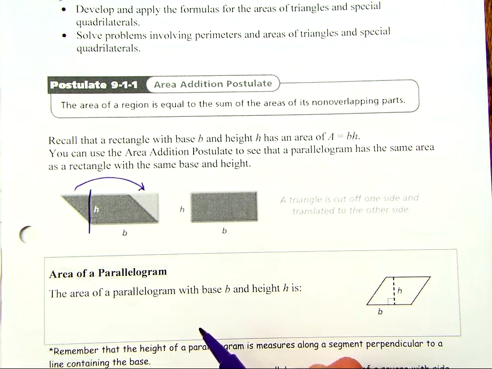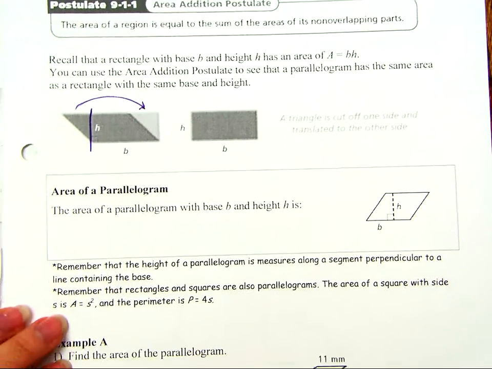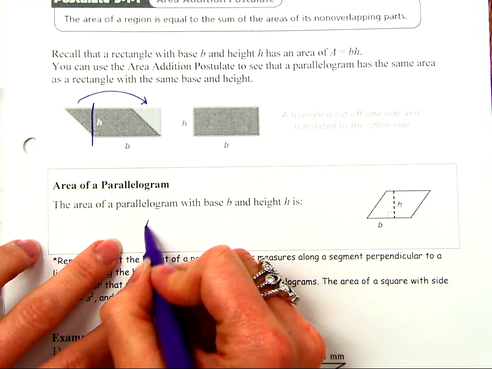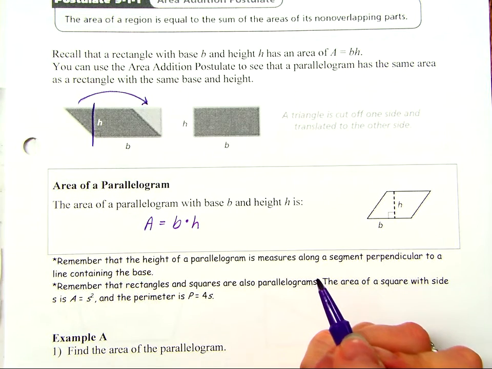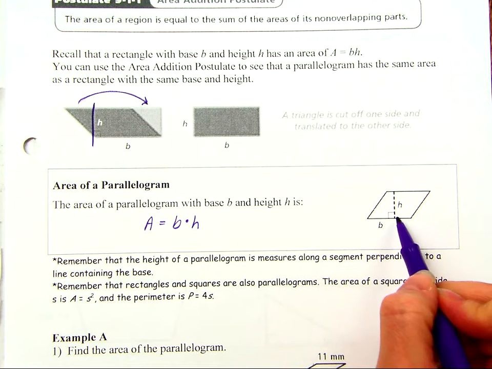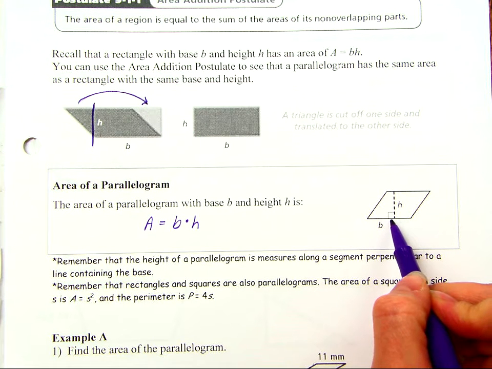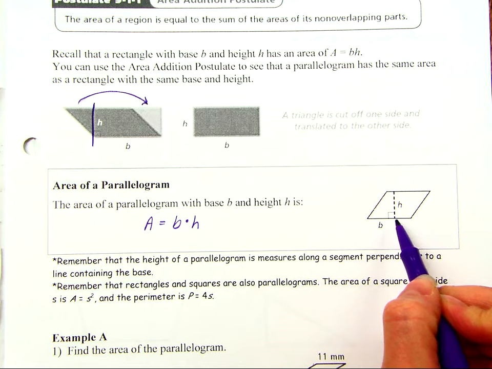And so, to find the area of a parallelogram, our formula is to simply take base times the height. Now, there are a couple things we want to be sure of. Our height or our altitude must meet the base at 90 degrees.